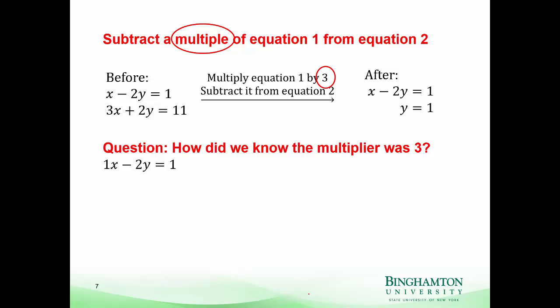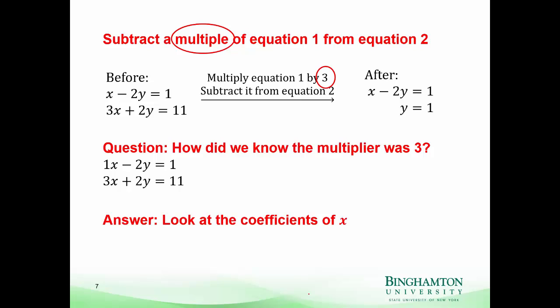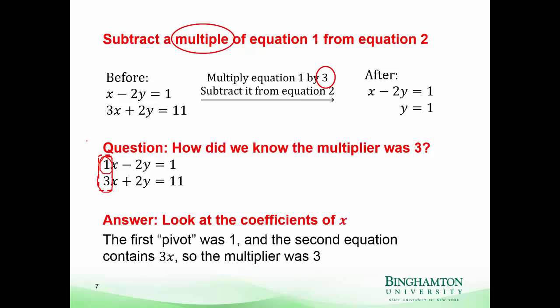So if we think about our first equation, we've just put a 1 in front of the x so that we can see the coefficient out there explicitly. And there's our second equation. And so what we need to look at are these coefficients. And there will be some names for this, at least a name for the one in the equation that we're using to do the elimination. And so the name that we use for that is the pivot, or a pivot.